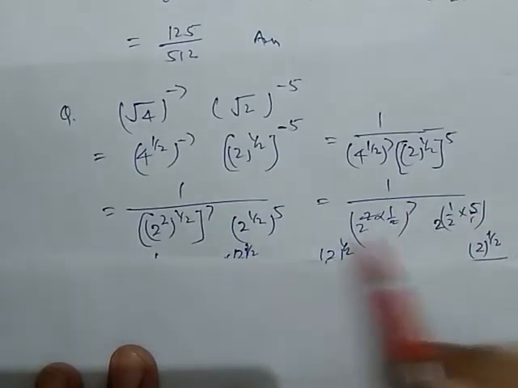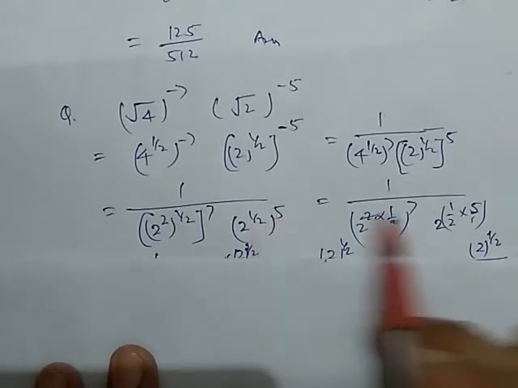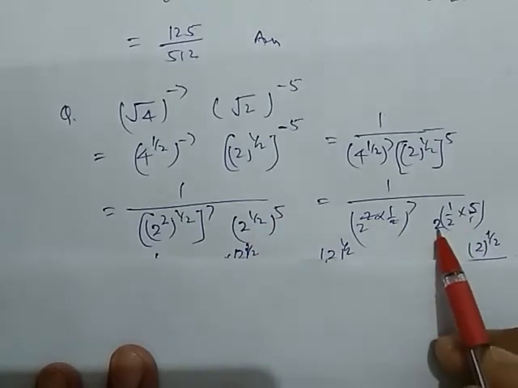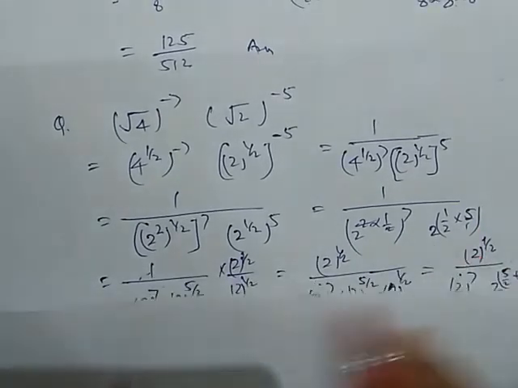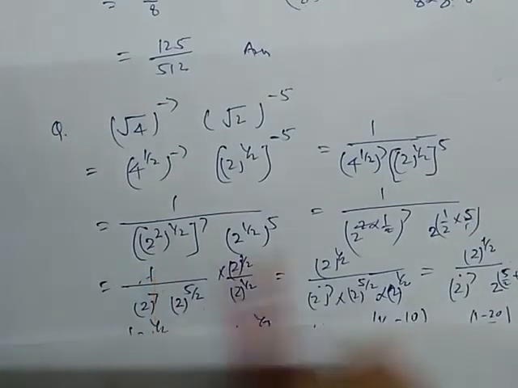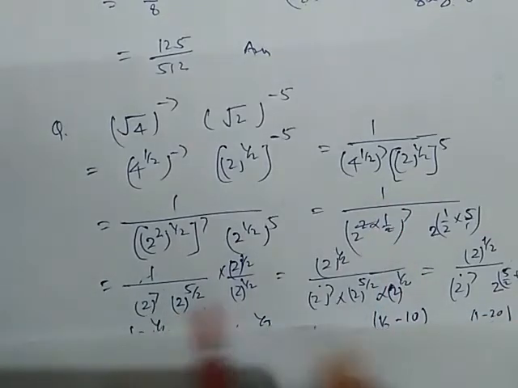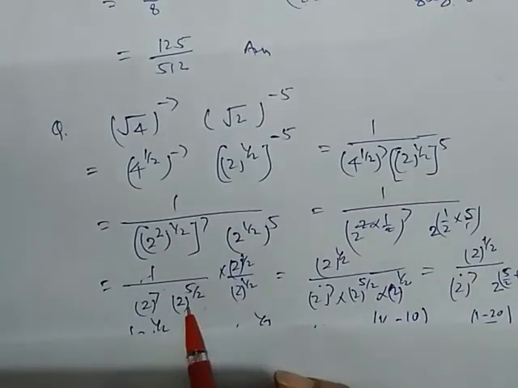And here the whole powers are multiplying, so 2 power half into 5. After multiplying this we get 1 upon 2 to the power 7 and 2 to the power 5 by 2.